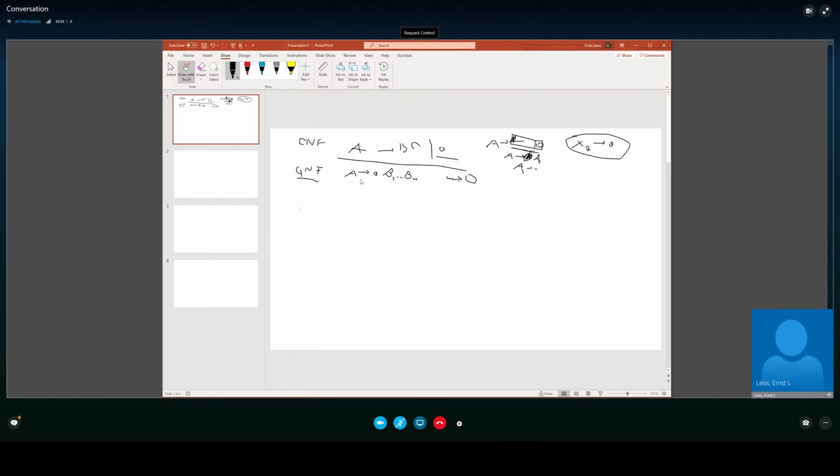Greibach normal form basically is this format: a terminal followed by zero or more variables. And that is achieved by using the construction we discussed in class.